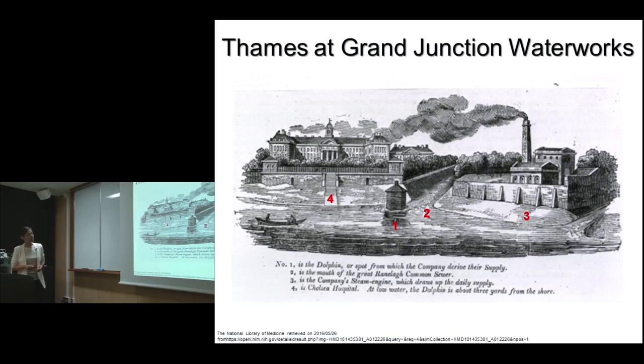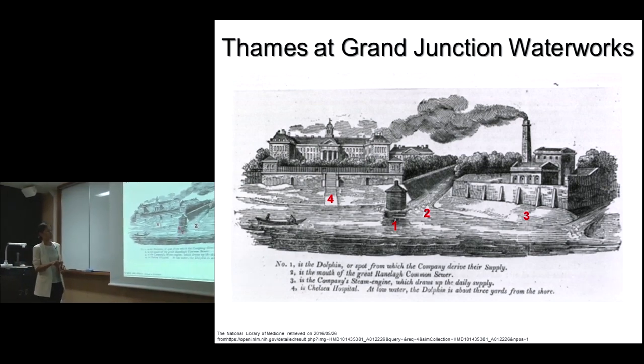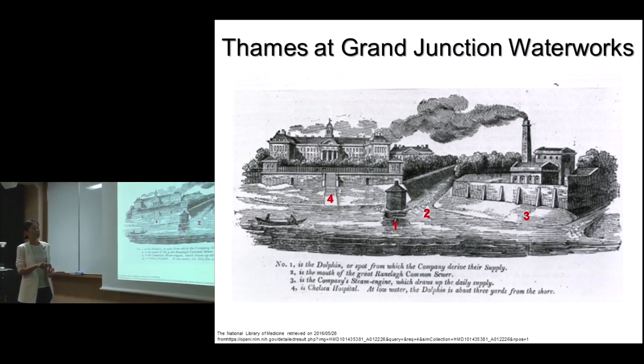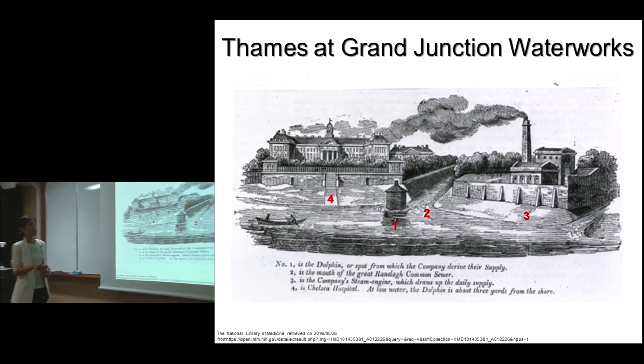So if we can see here, maybe this is not so clear, but this is the actual water source, which is right in front of the sewage described here, the mouth of the Great Common Sewers, number 2. Also, number 3 is the company's steam engine.